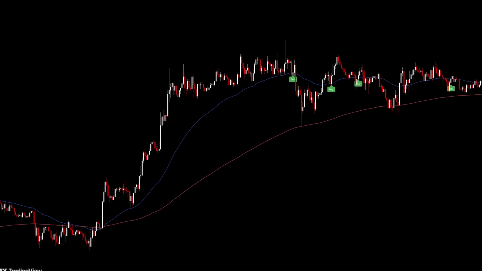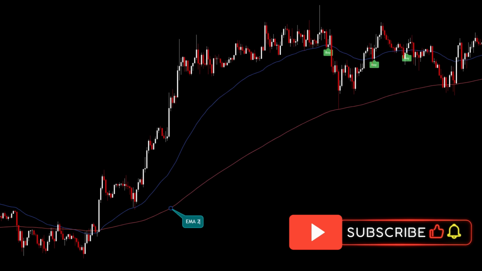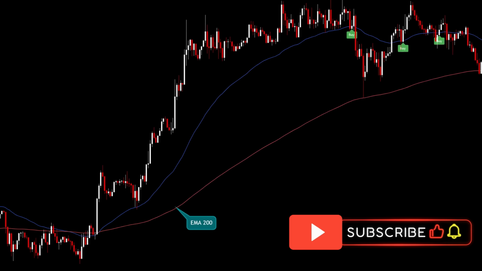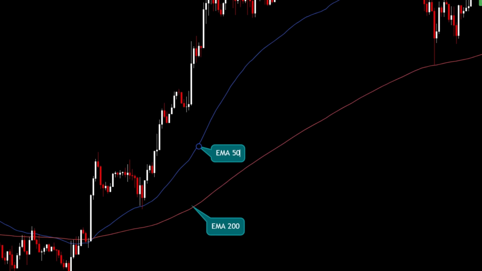By default, the EMA lengths are set to 50 and 200. That's fine for bigger swings, but since we're focusing on a scalping trading strategy, I like to shorten them. Here's how I set it up.